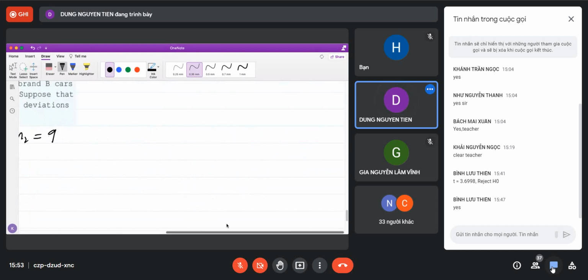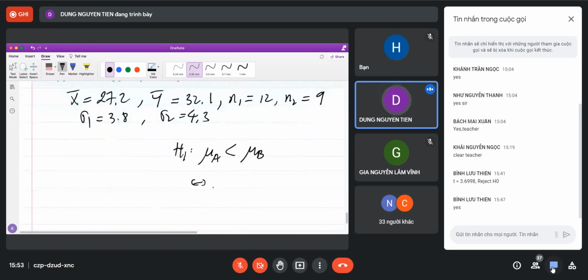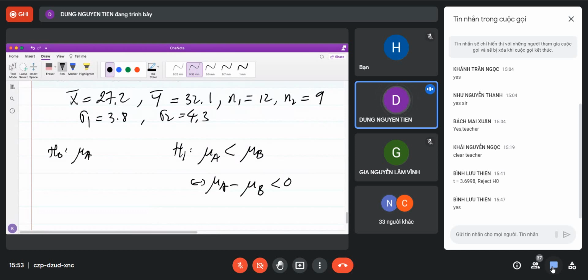Or let's say mu A minus mu B is less than 0. And the null hypothesis is that mu A is greater than or equal to mu B. Or let's say mu A minus mu B is greater than or equal to 0. Do you understand? That's okay?